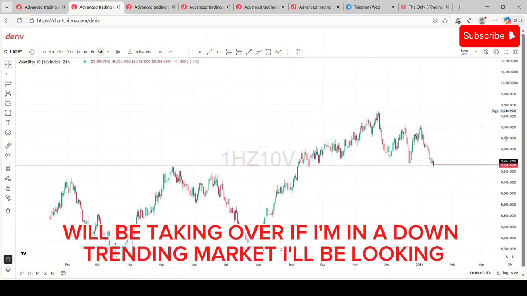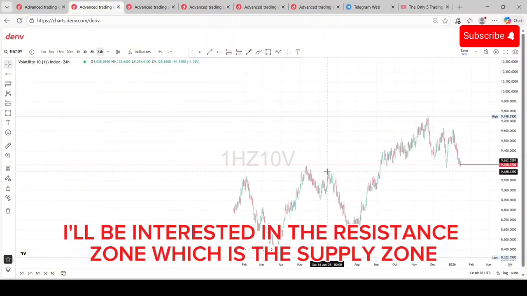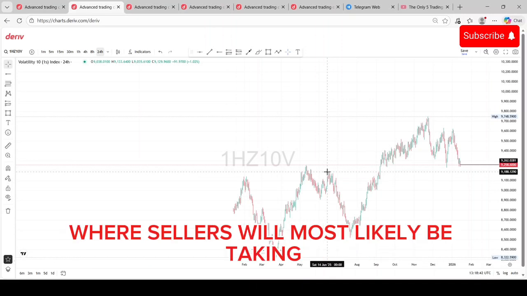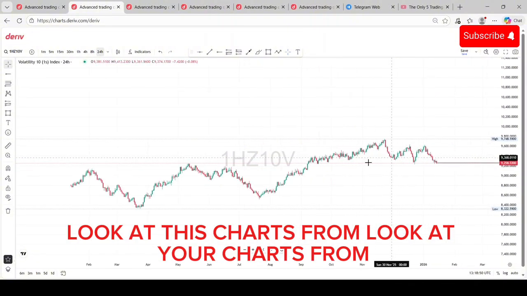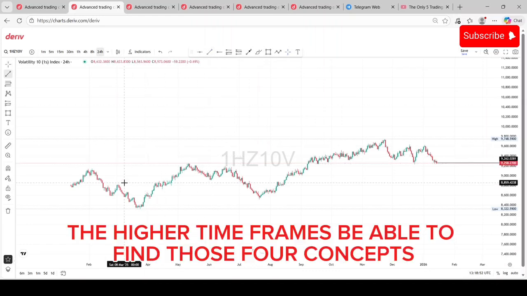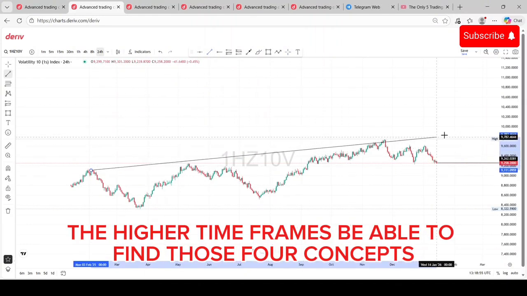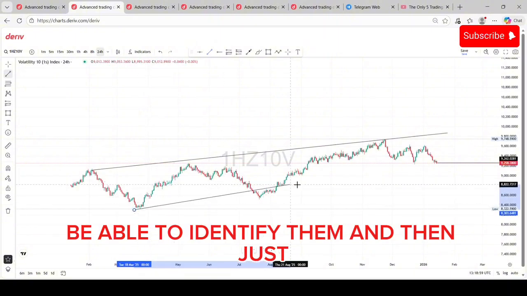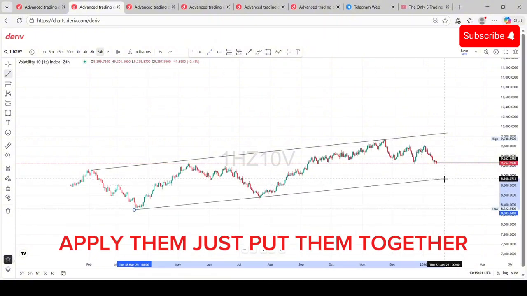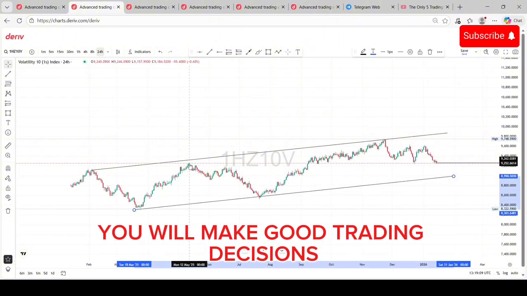If I'm in a downtrending market, I'll be interested in the resistance zone, which is the supply zone, where sellers will most likely be taking over the market. So all you have to do is just look at your charts from the higher time frames, be able to find those four concepts, identify them, and then just apply them, just put them together. You will make good trading decisions.